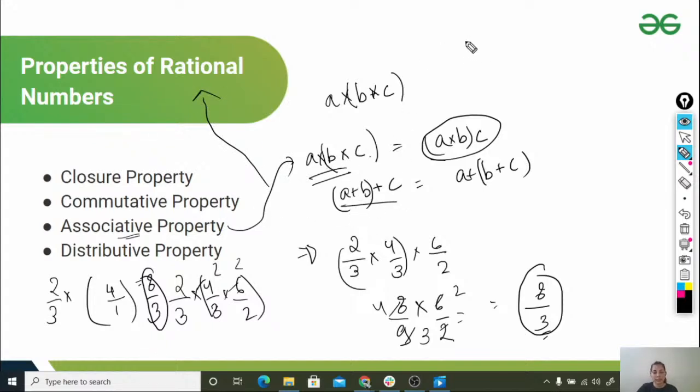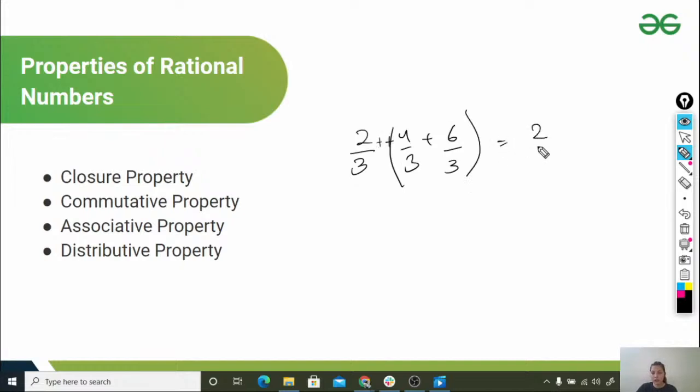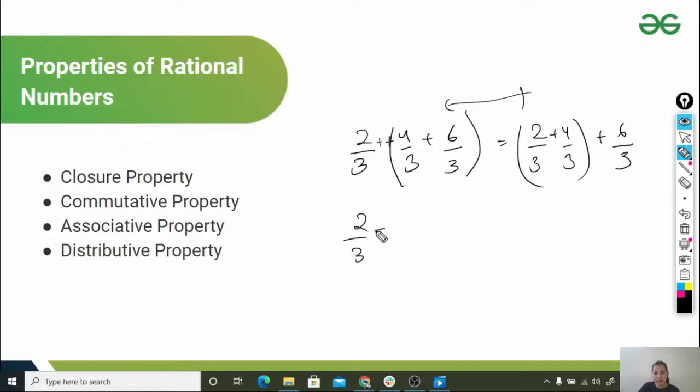Let's check the condition in addition. Let me erase. Okay, so 2 by 3 plus 4 by 3 plus, suppose, 6 by 3 should be equal to 2 by 3 plus 4 by 3 plus 6 by 3, with the grouping changed. Let's check if this is equal or not. So let's leave 2 by 3 outside.